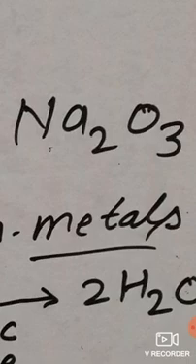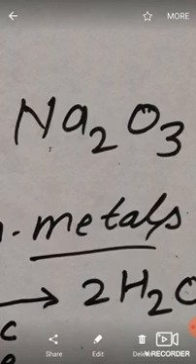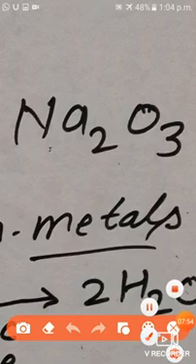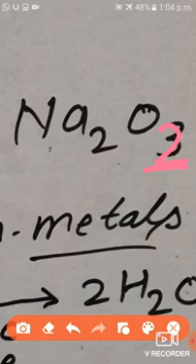It was written as 3 by default because the reaction with aluminum gives 2Al2O3. So here it is Na2O2, it is 2.